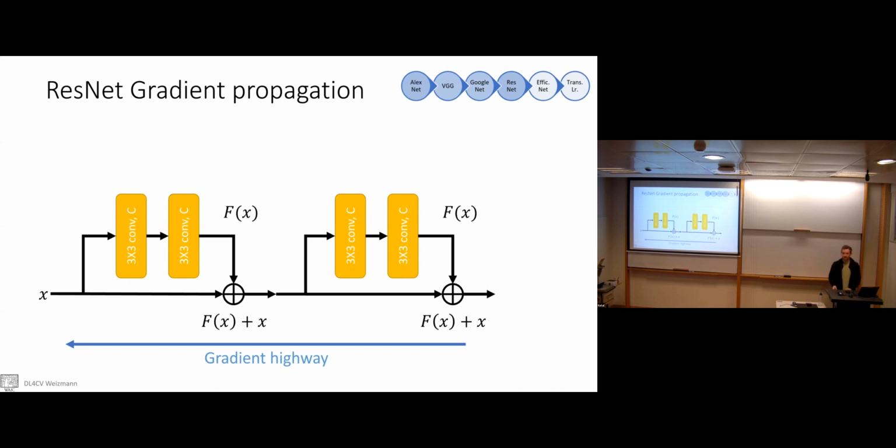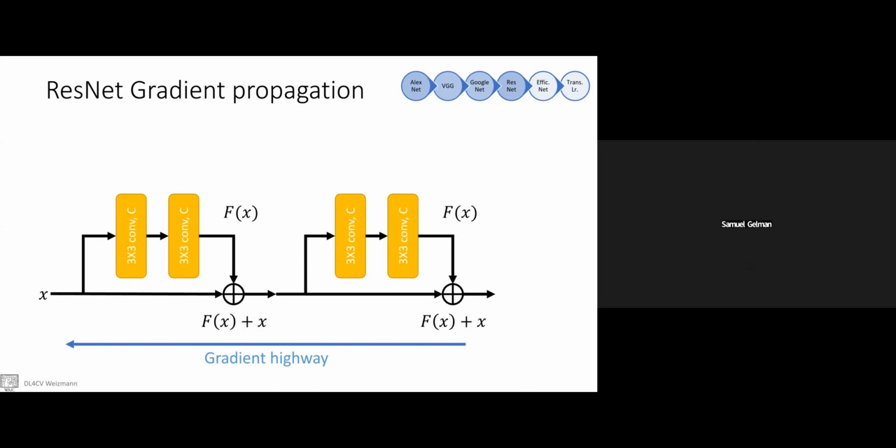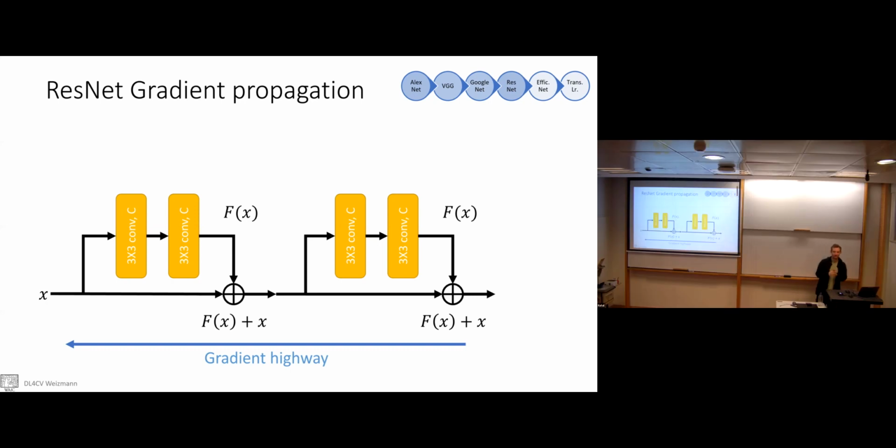Any questions on ResNet? Can you explain again why that solves the problem of vanishing gradients? So yeah, if you actually write down the derivative of the output with respect to x, the derivative of f of x plus x with respect to x, and apply the chain rule from the end to the beginning, the gradient with respect to x will be the derivative of loss with respect to f of x plus x, times the derivative of f of x plus x with respect to x.